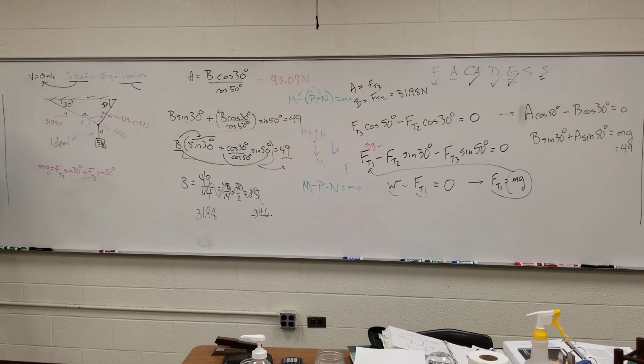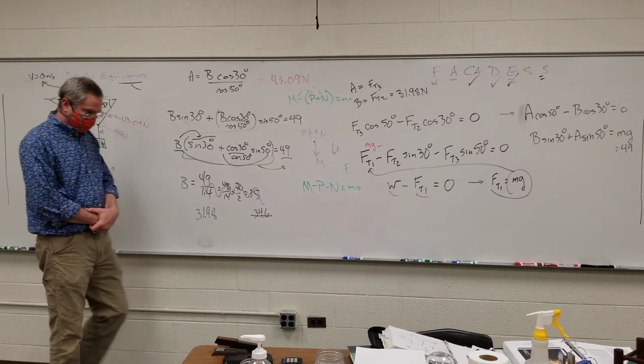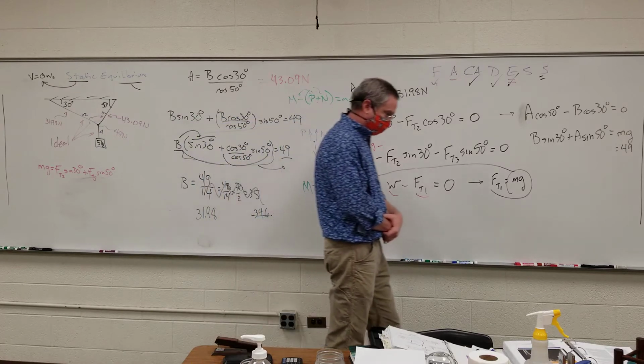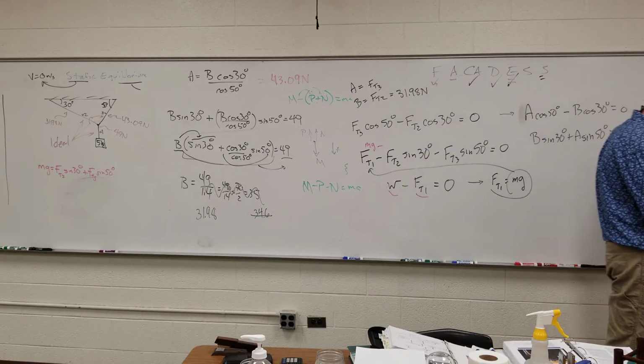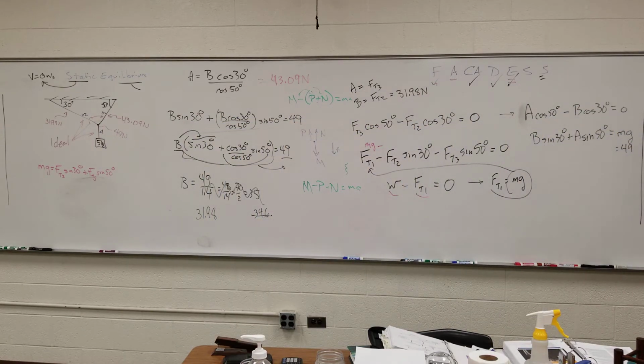Can I offer something that made me figure that out? Oh, yeah. So mg and ma, I feel like I didn't understand the difference between acceleration and acceleration due to gravity until this class. And so ma was equal to 0 in these two equations because the acceleration of the box was 0. But the acceleration due to gravity, which is what the mg is, which we subbed in for w, still exists. It looks the same, the big long equation with mg at the end, but that was just from substitution.